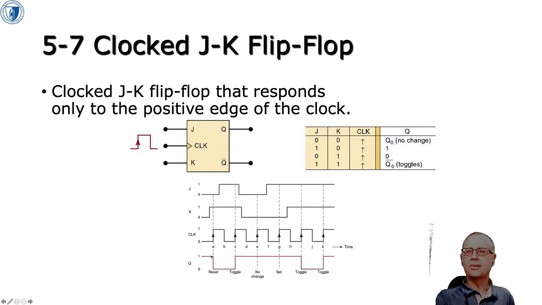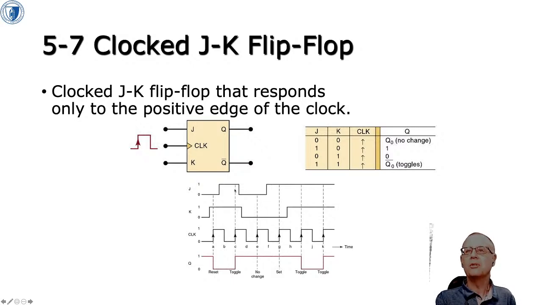So the output starts at a 1, and at the first positive going transition, K is 1 and J is 0. So that means the output is forced to 0. Okay, so it's the reset.